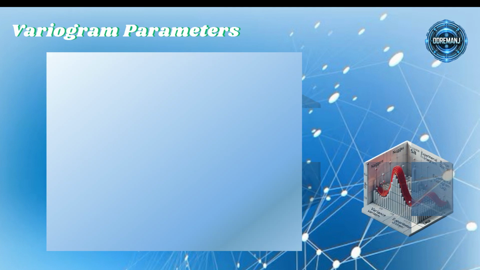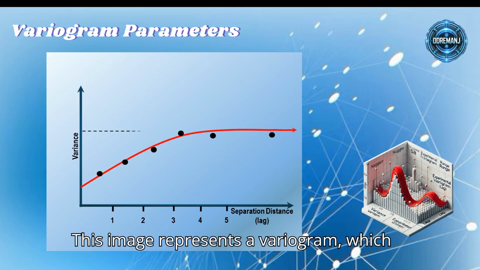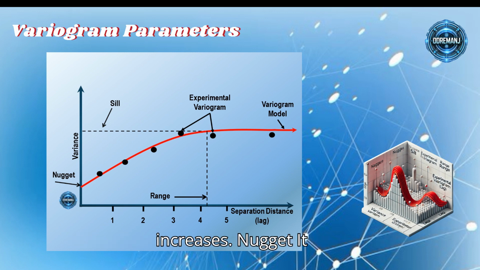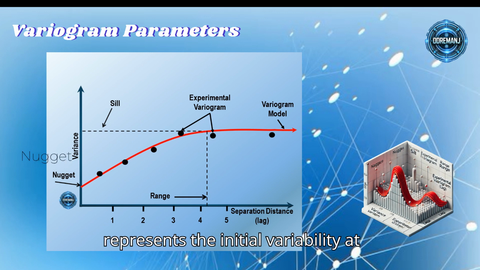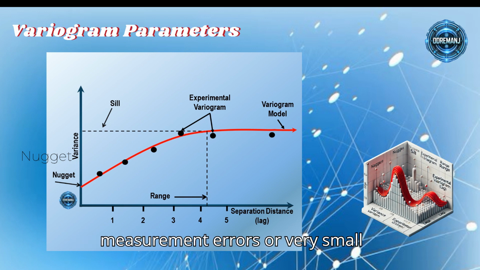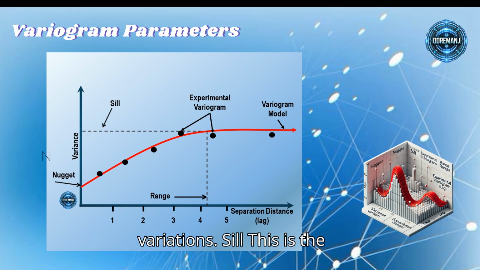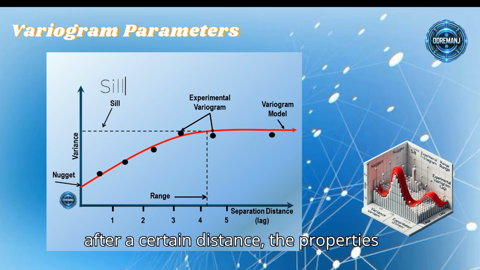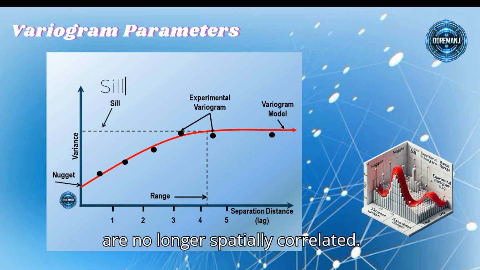This image represents a variogram, which shows how a subsurface property changes as the distance between 2 points increases. Nugget. It represents the initial variability at very short distances, which can be due to measurement errors or very small variations. Sill. This is the maximum variability, indicating that after a certain distance, the properties are no longer spatially correlated.